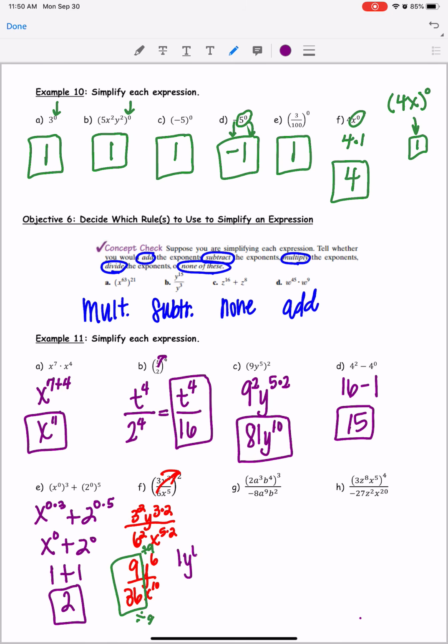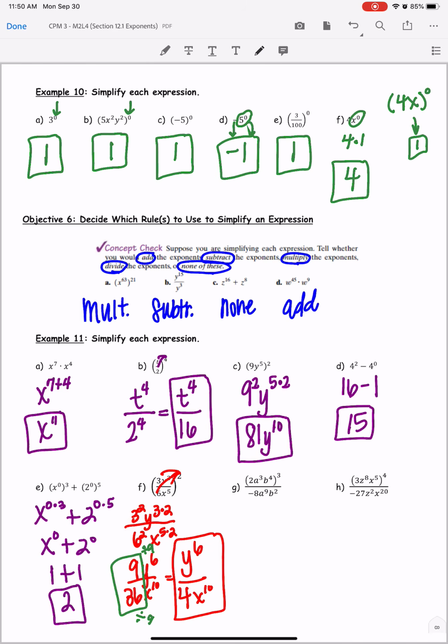We don't really need that 1 in front of that y to the 6th. So we'll just make that y to the 6th on the top. And then on the bottom, 36 divided by 9 is 4. And then we'll keep that x to the 10th. So make sure you have fully simplified if you can.